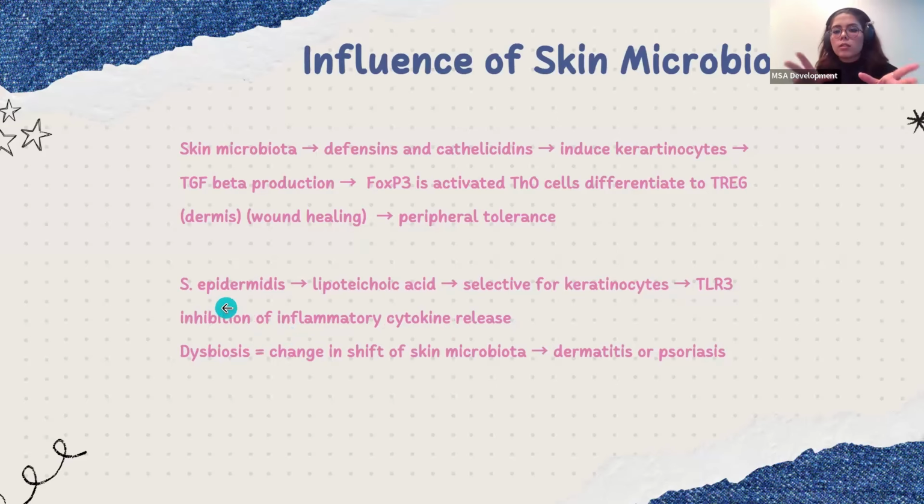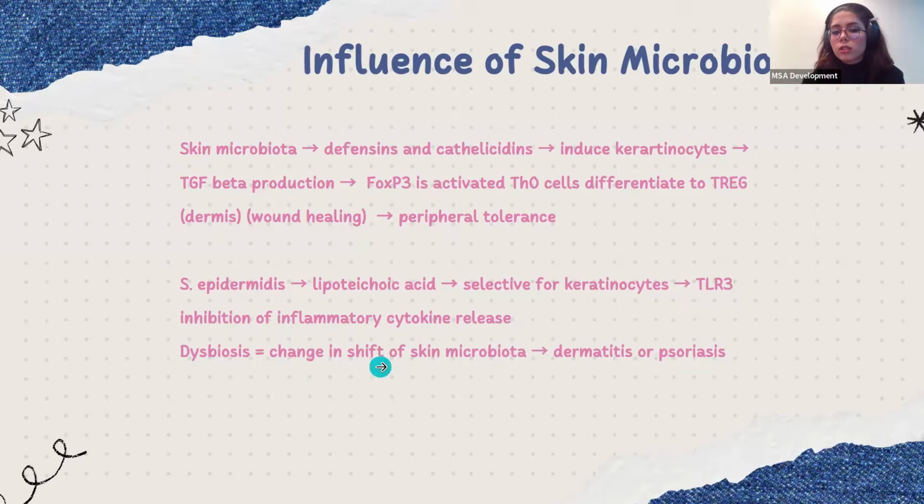So in this cycle, you have Staph epidermidis. We're cool with her. It produces lipoteichoic acid, which you can think of as a growth factor for keratinocytes. Keratinocytes proliferate, which is good. We need them to proliferate. Otherwise, our skin would be very, what do you call it, very sensitive.